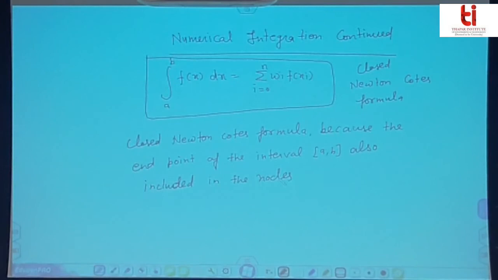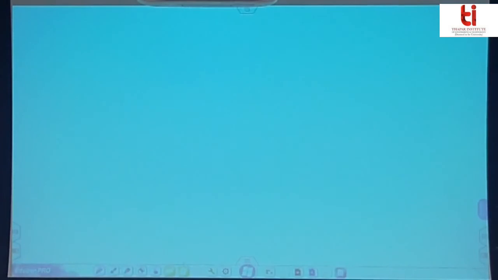In the previous class we derived the trapezoidal rule. We took n equal to 1, then we derived the trapezoidal rule. What is the trapezoidal rule? Integral from a to b of f(x) dx equals w0 f(x0) plus w1 f(x1).